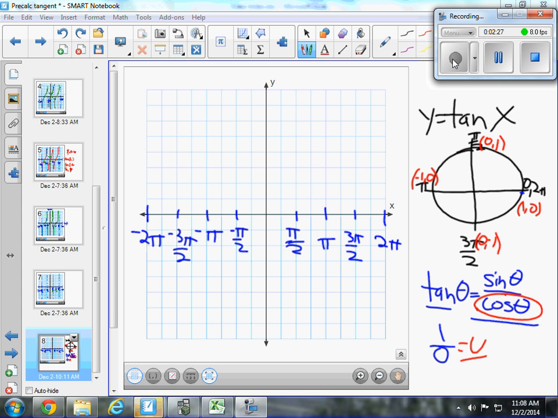I'm essentially making a number line, but instead of integers 1, 2, 3, 4, 5, I'm making it with values of pi, and there's nothing wrong with that. I can determine my own scale. So at pi over 2, I am going to have an asymptote.